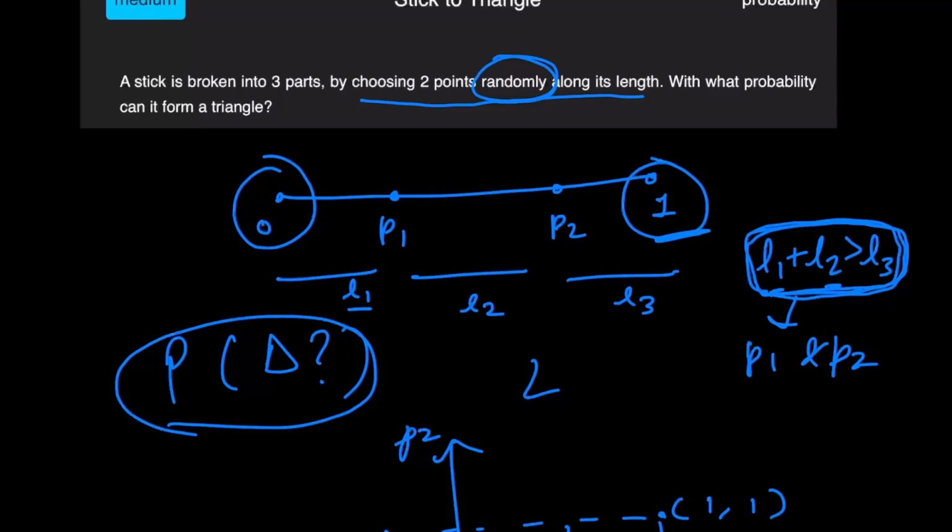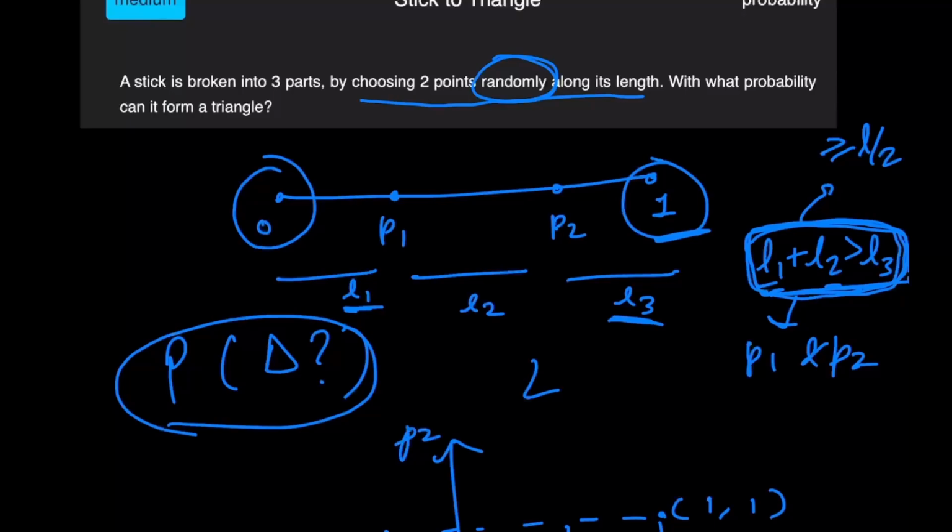Now, L1, L2, and L3, all of them can't be greater than or equal to L by 2. If one of the three values is greater than or equal to L by 2, then it is impossible to satisfy this case, right? So L1 and L3 both have to be less than L by 2.